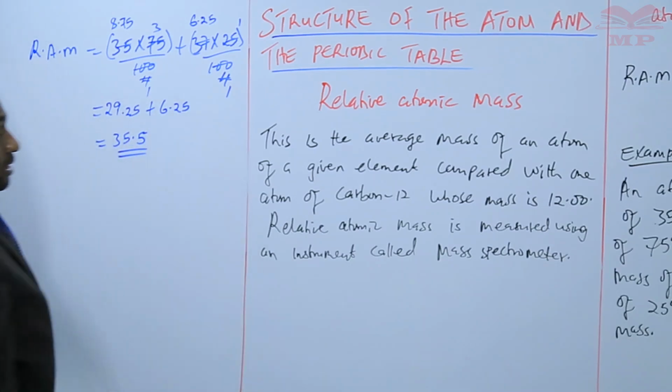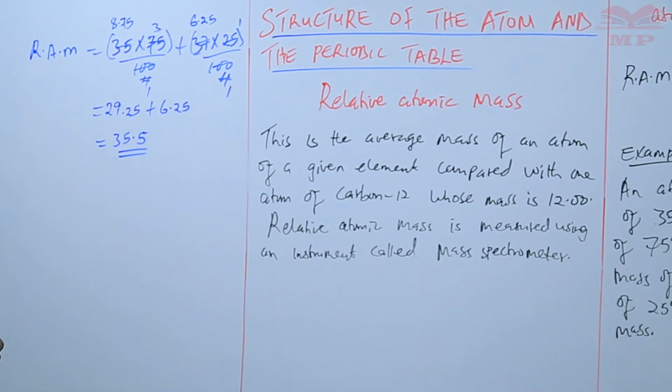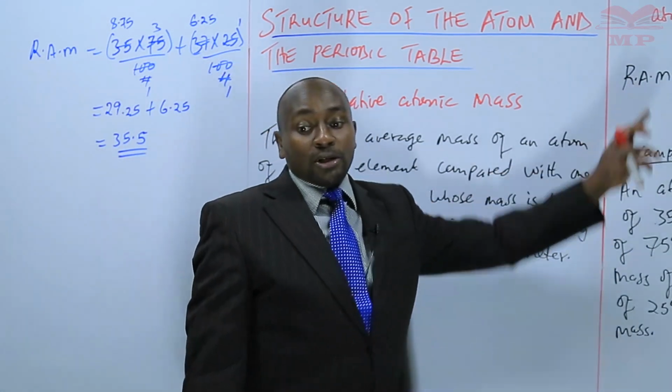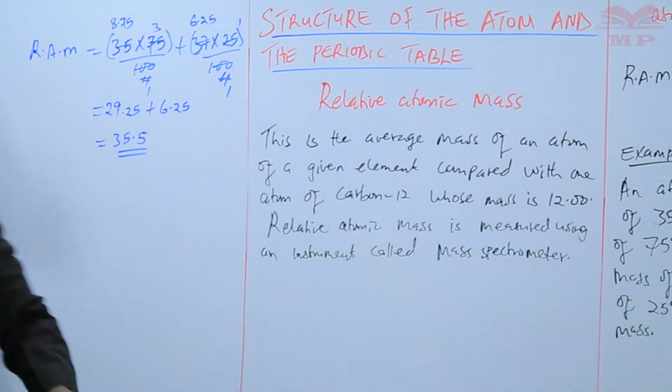So the relative atomic mass for chlorine is 35.5. So that is using the formula that is given there.